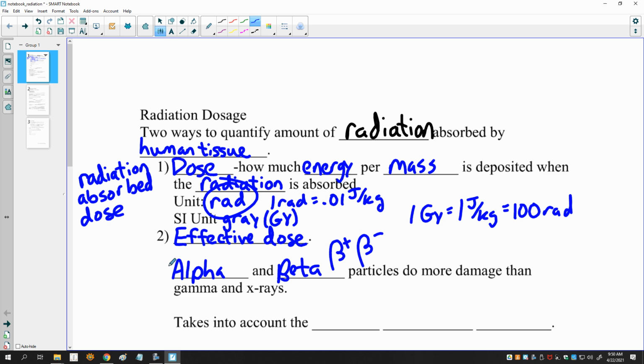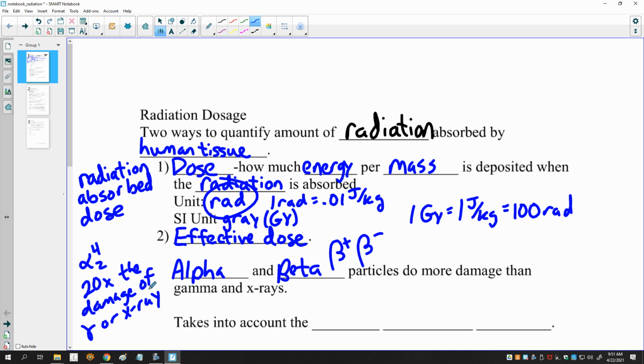For example, alpha particles, which are helium nuclei with 4 nucleons, 2 protons and 2 neutrons, will do 20 times the damage of a gamma or X-ray of the same energy.